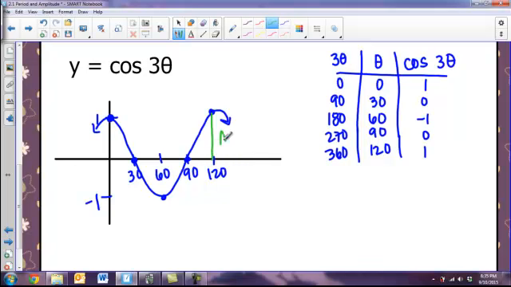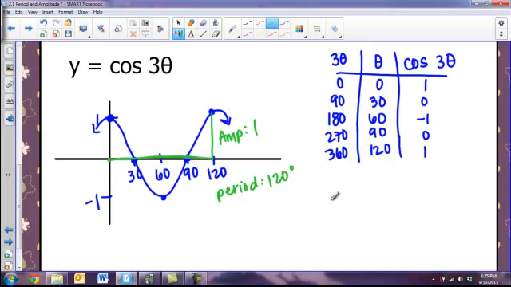My amplitude is still 1 from that regular parent function. However, what did change is my period. My cycle, where it started and restarted, changed from 360 and went down to 120. So my period is going to be 120 degrees.